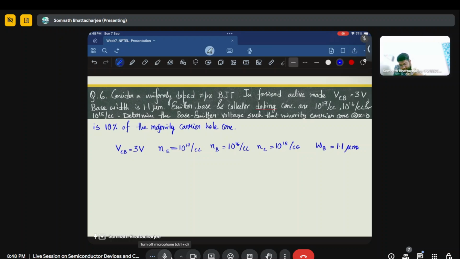We need to calculate the value of VBE, the base emitter voltage, and they have given that minority carrier concentration at x equals 0 is 10% of the majority carrier. Are there any other things? I don't think so. So try to solve this.